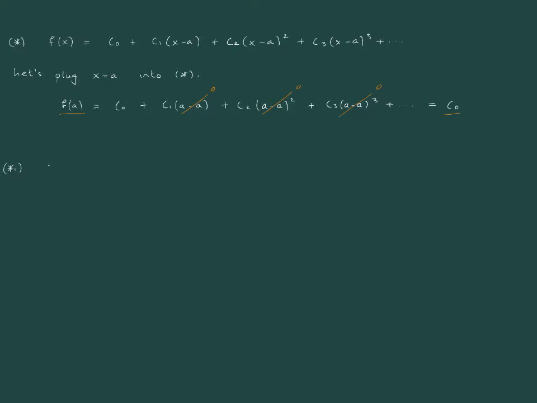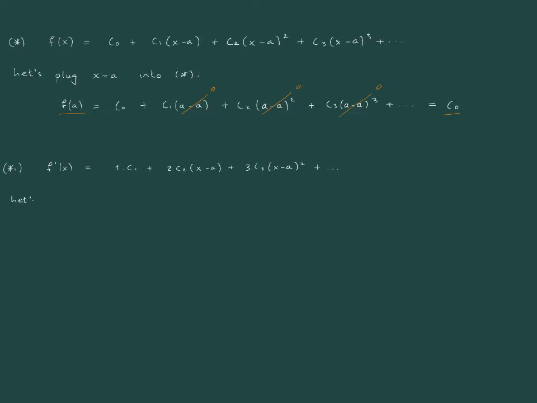Now, from our remark, we can differentiate both sides of star to get a new equation, which we'll call star 1. And it says f prime of x equals 1 times c1 plus 2 c2 (x minus a) plus 3 c3 (x minus a) squared, just differentiating term by term on the right, plus dot dot dot.